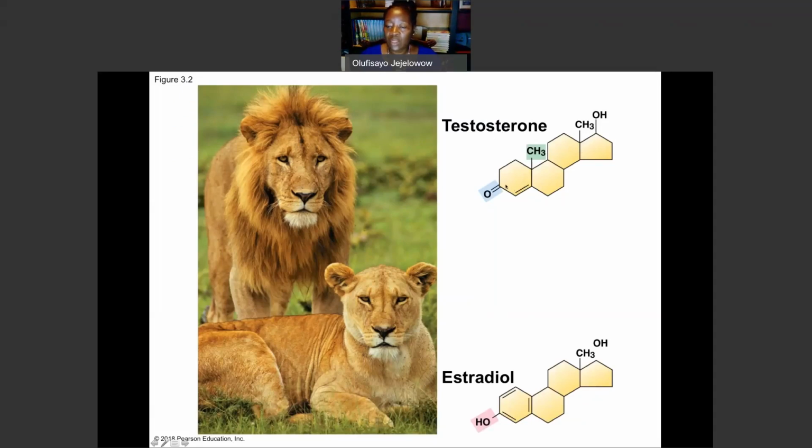They are steroids, so they have the characteristic 4-member ring, but they only differ from one another on their side chains. So there's O here in testosterone, OH in estradiol, and then the methylation, instead of being on the first ring, is on the third, is missing in estradiol.